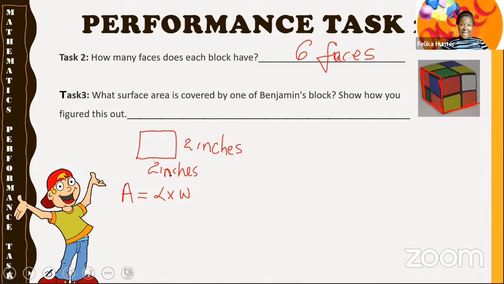Anyone ever heard length times length? Or side times side? We could say length times width, or side times side, or length times length, because all of them are the same. So we're going to find our area, and it's length times width, so it is 2 times, what's the width?